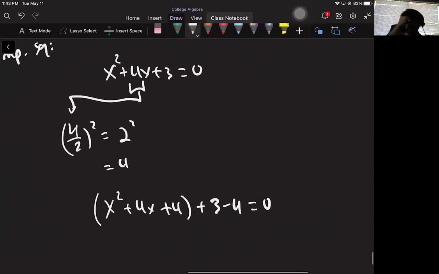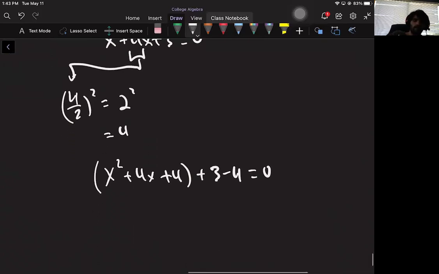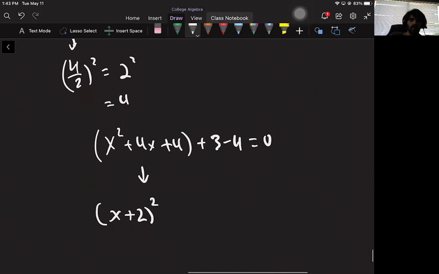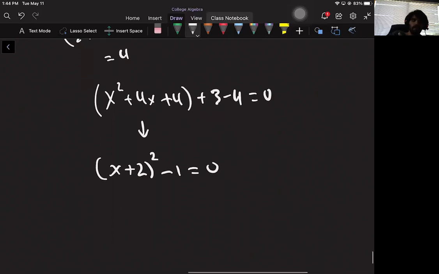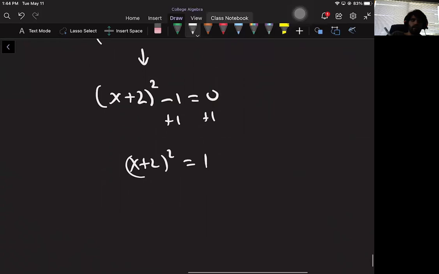Notice I didn't have to factor everything out of the x squared this time because it was already nice. And now this will factor into (x + 2)(x + 2), aka (x + 2) squared. And these will combine into -1, and then I'll add 1. And then I will square root both sides.